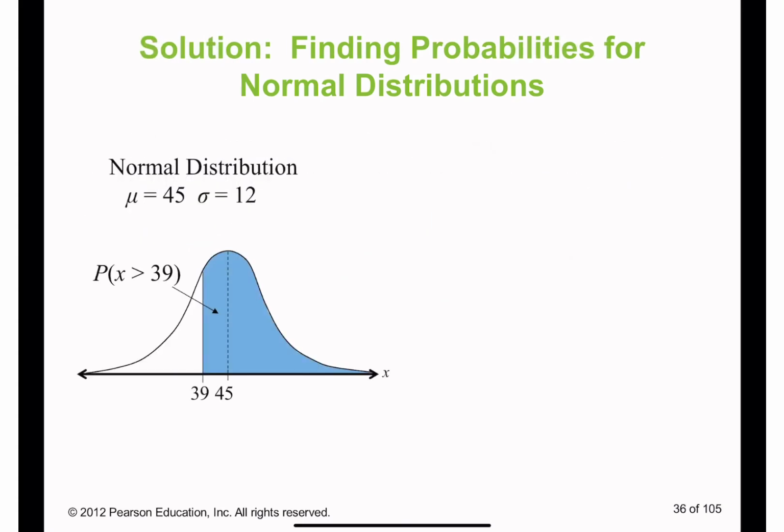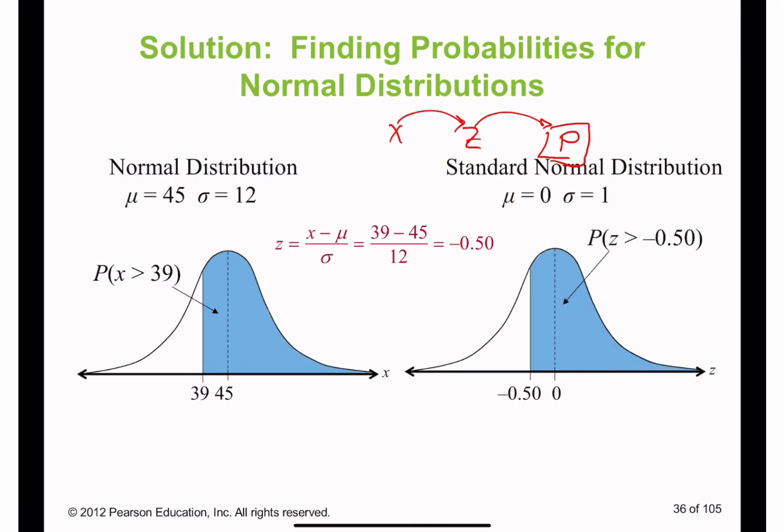Okay, let's go ahead and solve it. X is greater than 39. First, we have to convert to z-score. Remember, x you have to convert to z-score, and then use the table to get probability. So how much will be our x if you convert to z-score? 39 minus 45 over 12.